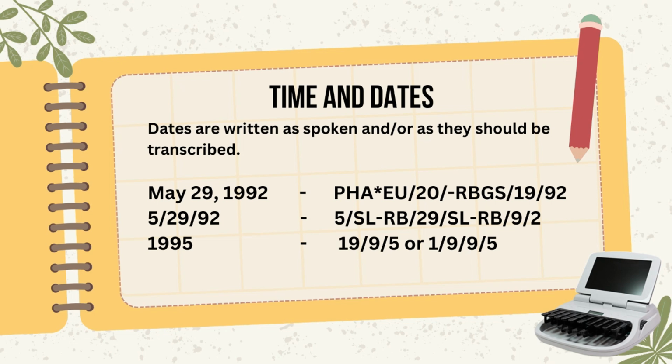That's how we write 5/29/92. For 1995, it can be as simple as 19, 9, and 5, or you may have it in 4 strokes, 1995. As long as it appears as 1995, it doesn't matter.